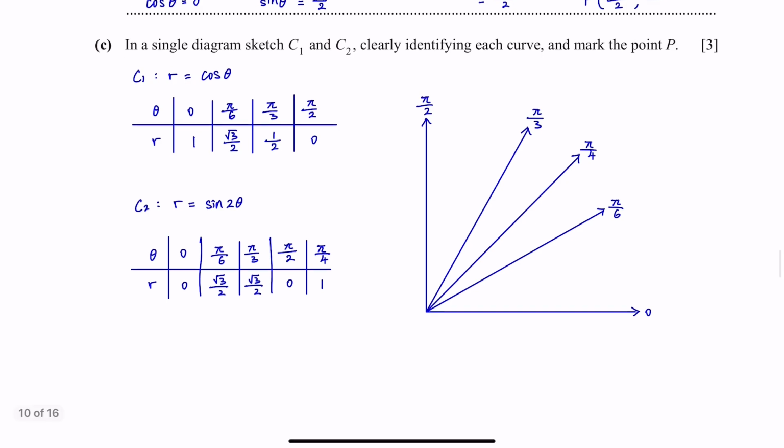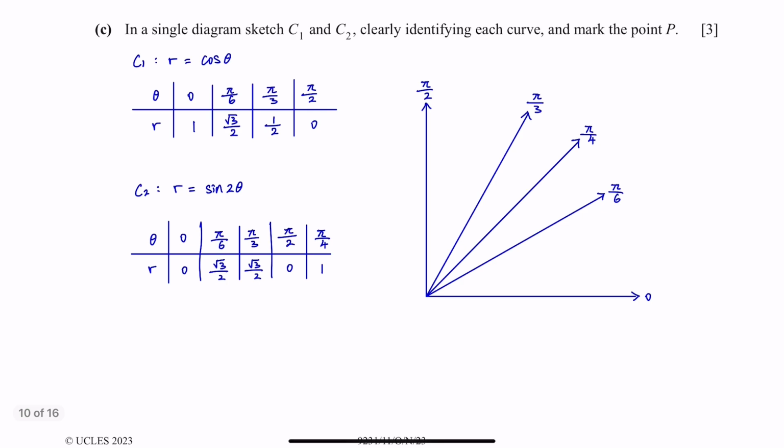So let's start with C1. When theta is 0, r is 1. That means it should be around here. This is the first point. Second point, r is sec 3 over 2. Sec 3 over 2 is a bit lesser than 1, so let's just put it here. When theta is pi over 3, r is half.